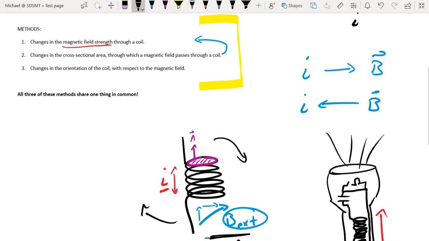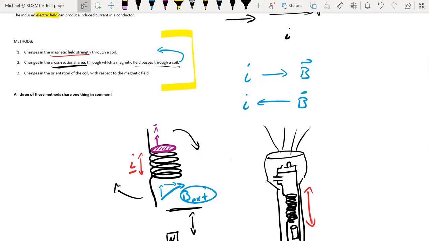And that brings us to the third method. We can change the orientation of how the coil and the magnetic field are lined up. One other thing that I should mention, the actual idea behind this is if we're going to change the cross-sectional area of that coil, another way that we could do that is if we could somehow stretch the coil out.